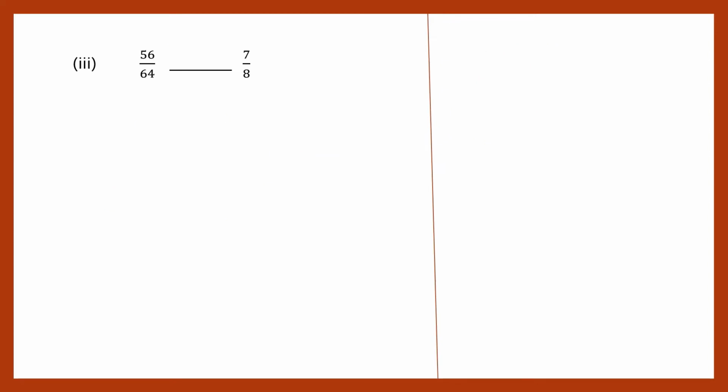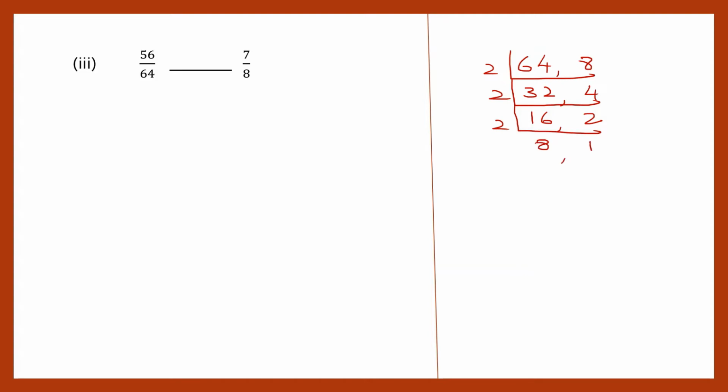Last one, 64 and 8 are the denominators. Let's find the LCM. 2 threes are 6, 32. 2 fours are 8. 2 into 16 is 32. 2 twos are 4. 2 eights are 16. 2 ones are 2. 2 fours are 8. 2 twos are 4. Bring down 1. 2 ones are 2. So let's find the LCM.